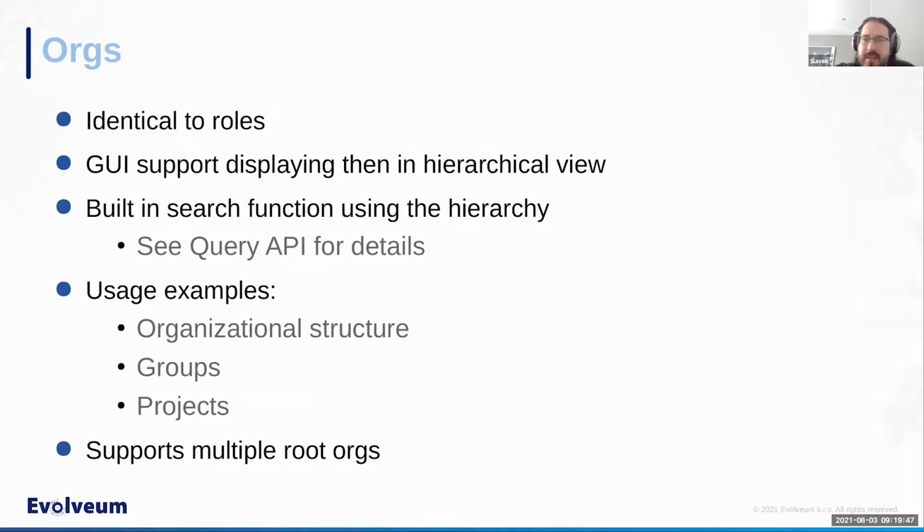The only difference is how they are displayed in the user interface, because roles are displayed as a flat structure, but orgs are displayed in a hierarchy. But in any other meaning, orgs and roles are practically the same thing. So what I can define in a role, I can define in org. For example, some policies, some account constructions, additional mappings.